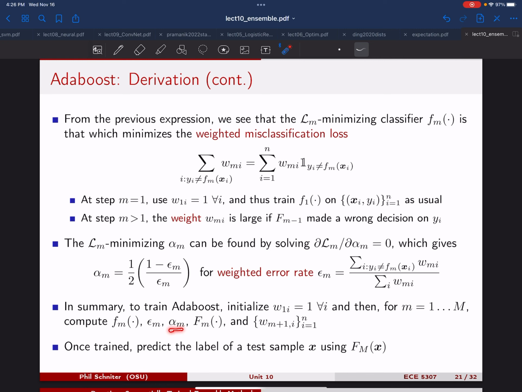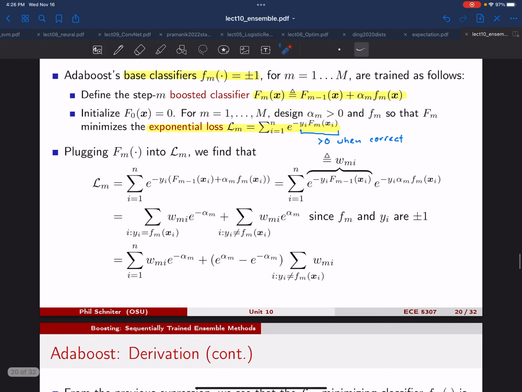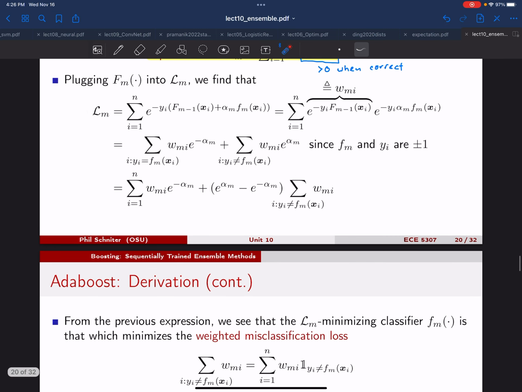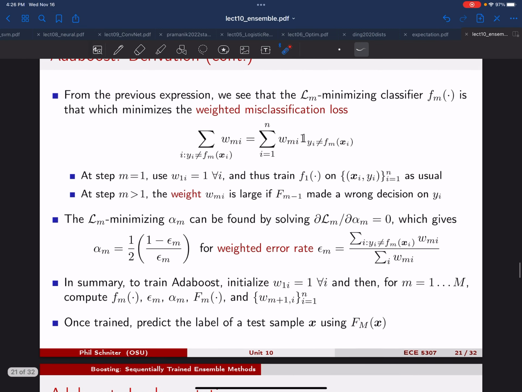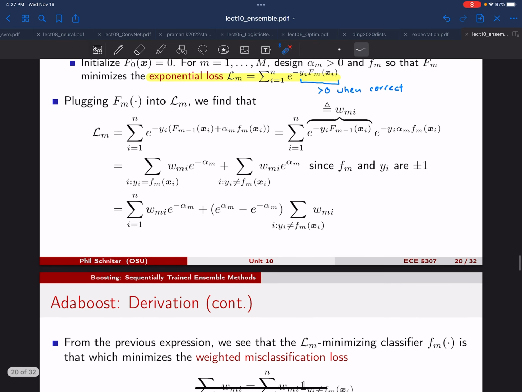From alpha, we can compute the first of these, which would be 0 plus alpha times f, and now we have the first big F. Given the first big F, we can compute our weights, which are given over here.